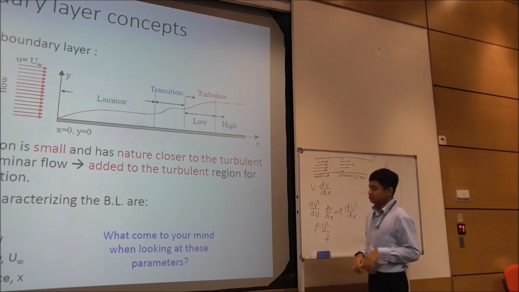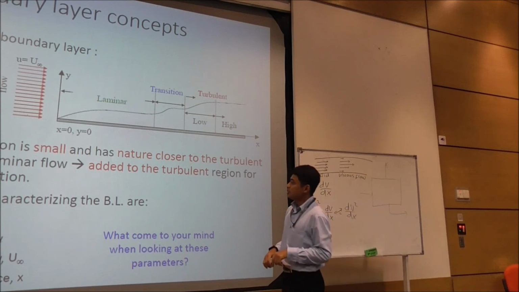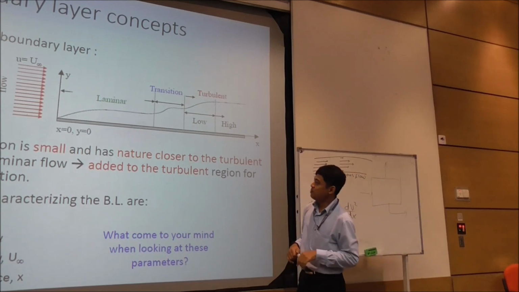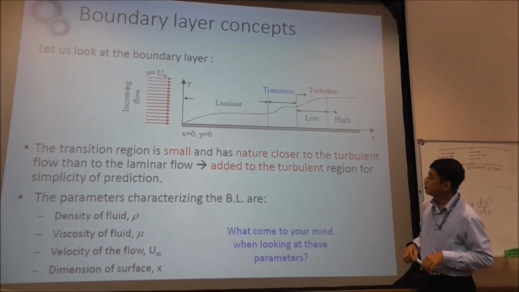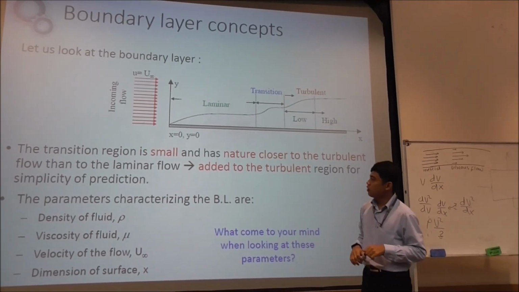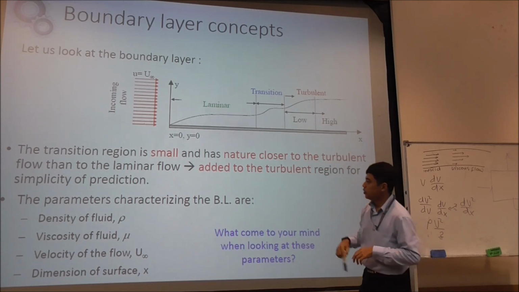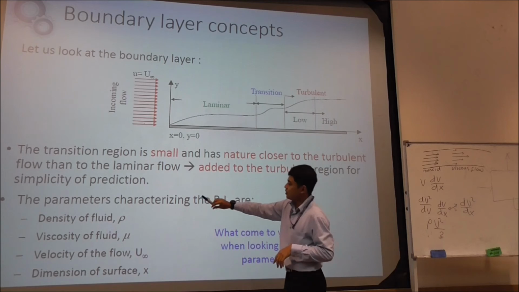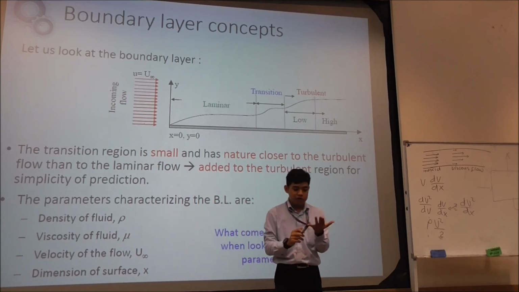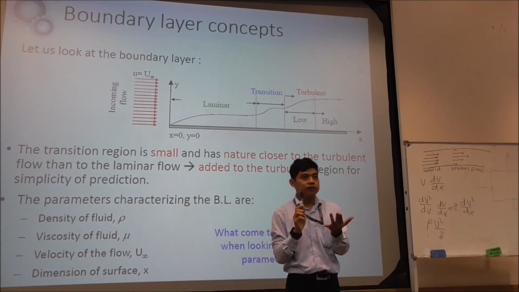Now, before answering it, let's take a look at what happened in the flow over a flat plate. Okay? So if you look at this flow, you know the parameters that characterize this boundary layer are, of course, the density of the fluid.